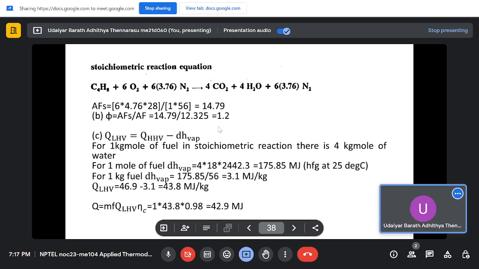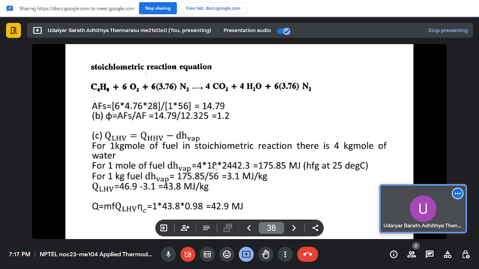To find out the latent heat of water which is vaporized, we assume that for 1 kilomole of fuel in the stoichiometric reaction there are 4 kilomoles of water.